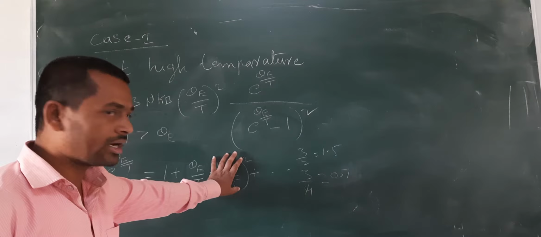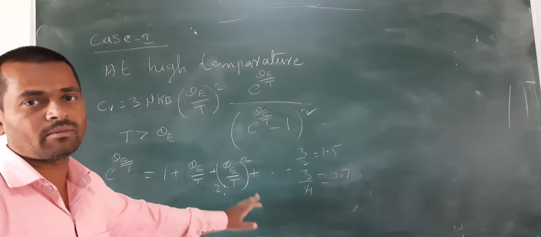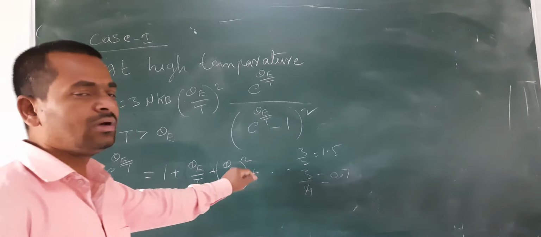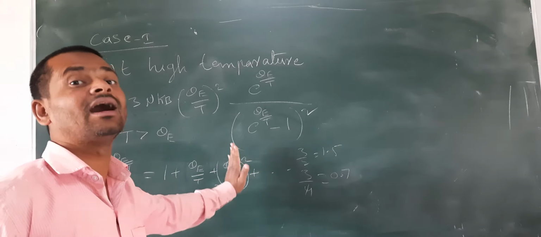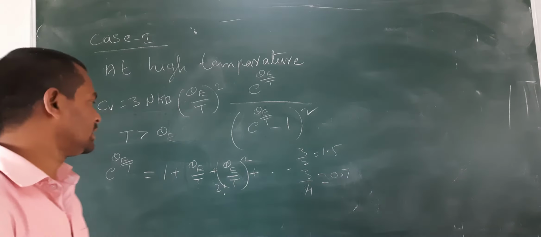But here you are squaring and again dividing, so its value is very low. So I am going to neglect it. By using this, I conclude that I can neglect the higher power terms.